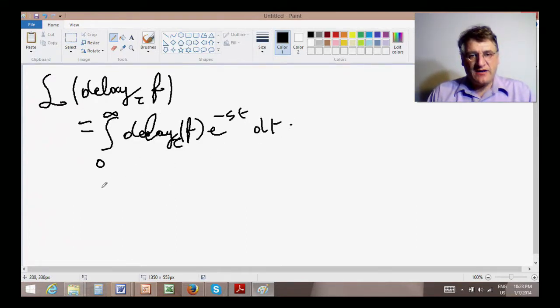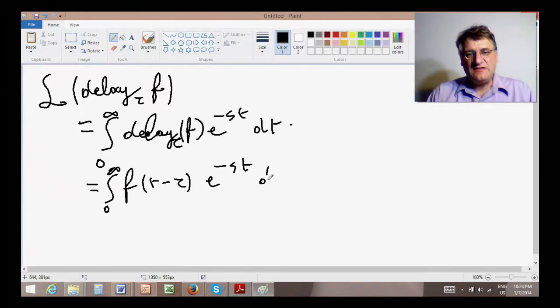Now, if I go back, I remember that delay tau of f is just f of t minus tau, so that becomes f of t minus tau e to the minus st dt.